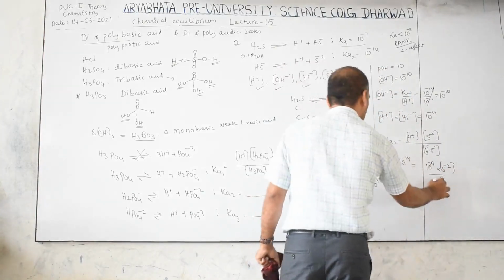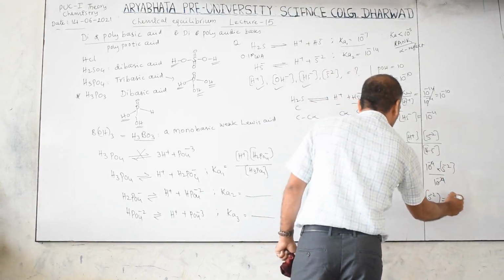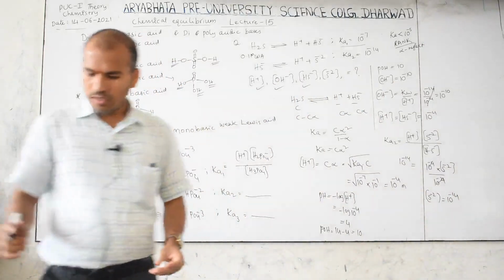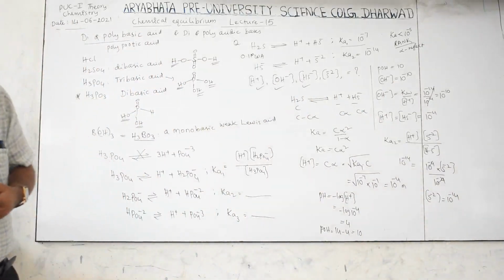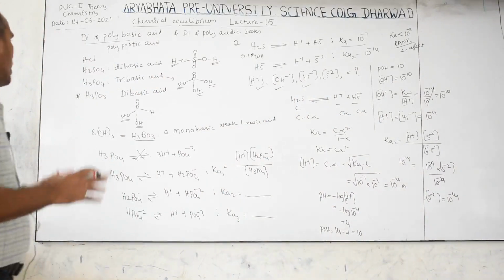Then these two are cancelled. Then S minus 2 concentration is equal to 10 power minus 14. Like this we can calculate the S minus 2 concentration also.